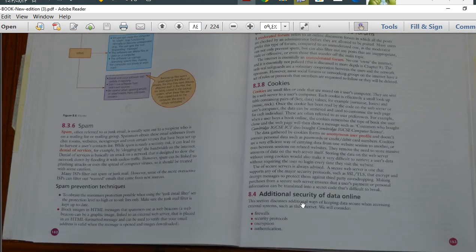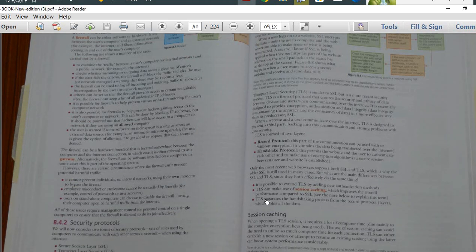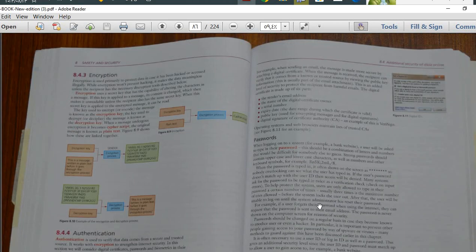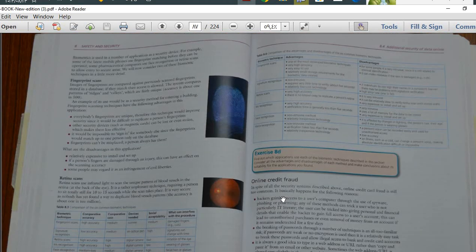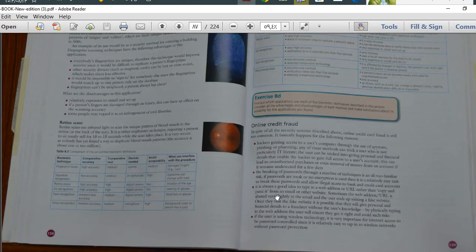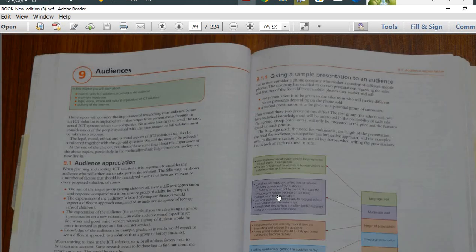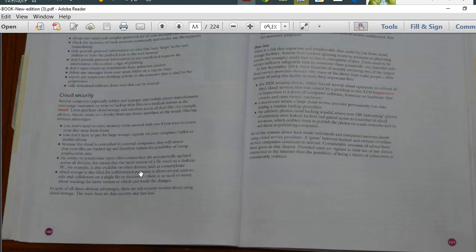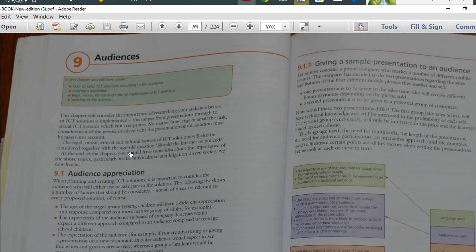Here we'll find additional security of data online, firewalls, session caching, encryption, authentication. It is very important how to save our data, because it is very important for us and is very expensive.